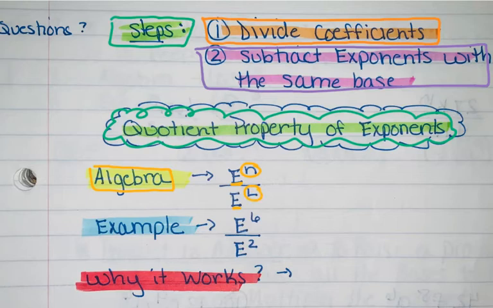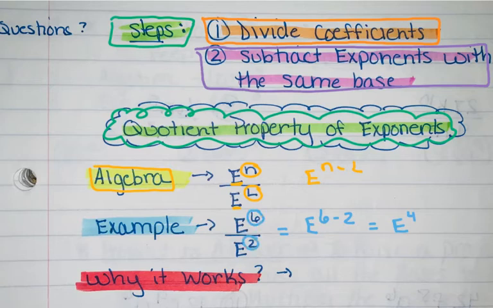So we take those like bases of e and we subtract those exponents. Okay, so in our example here, we end up with e to the 6 minus 2, which would simplify to e to the 4.